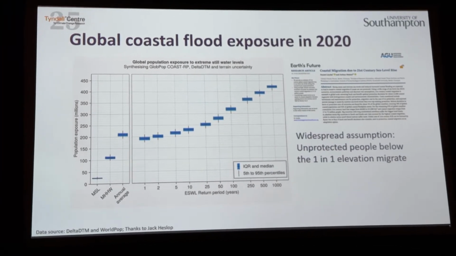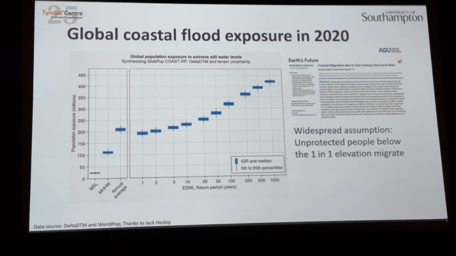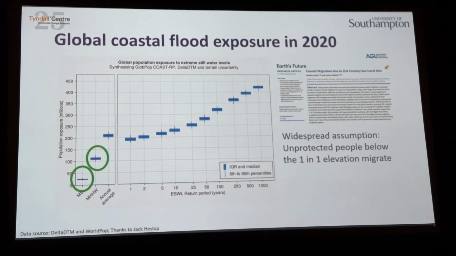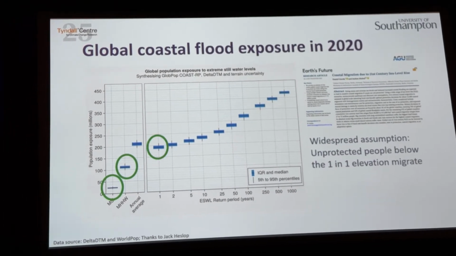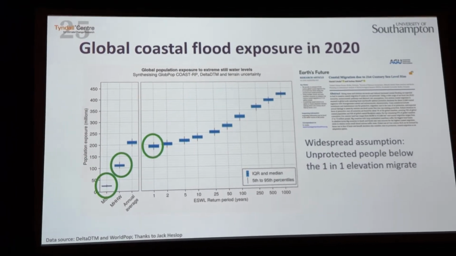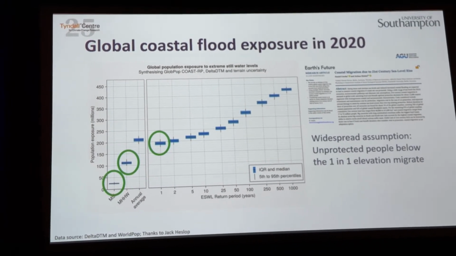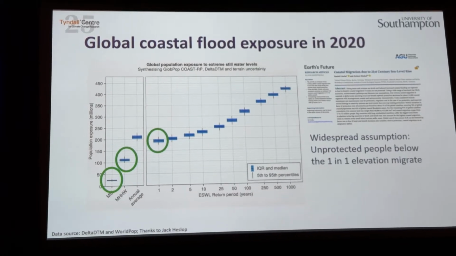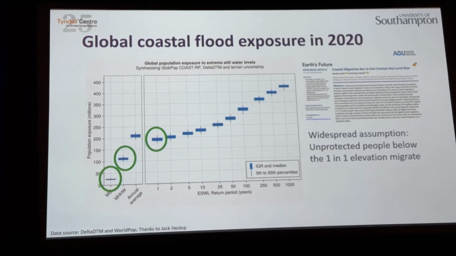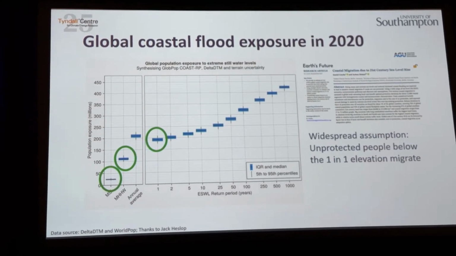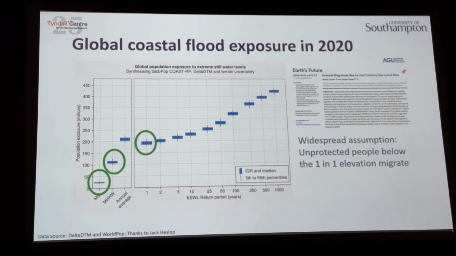And so if we look at the numbers here, 200 million people are living below that 1 in 1 year level, or 2.5% of the world's population today, over 100 million below high tide, and about 25 to 30 million living below mean sea level.